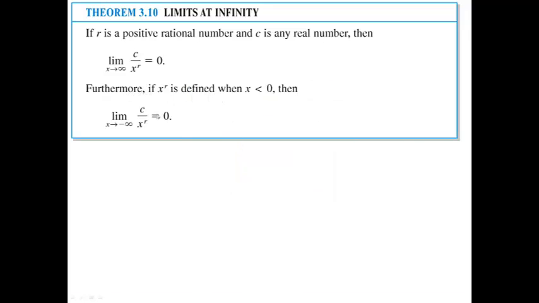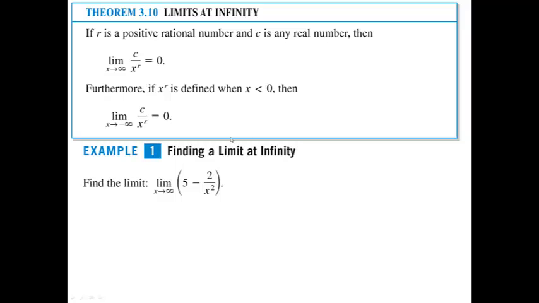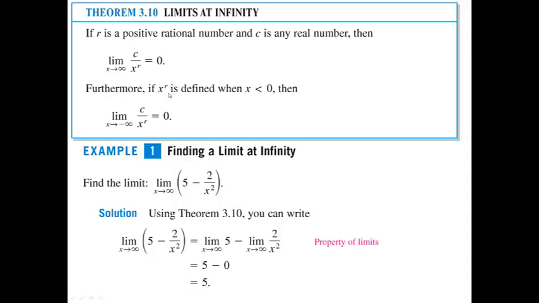And so on here. If we let x go to negative infinity, if x is less than 0, then this is also equal to 0. All right, here's a quick example of this. If we let x go to infinity for this expression here, this theorem says that we're actually talking about this part.